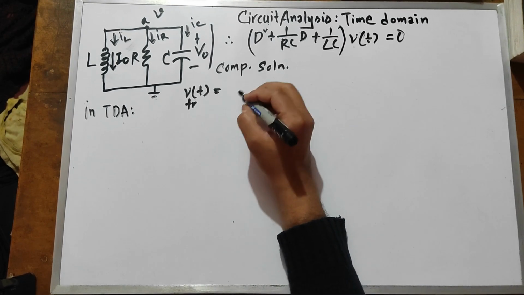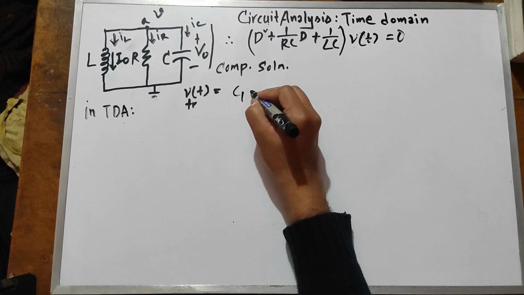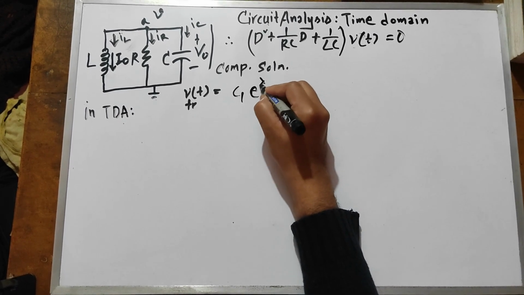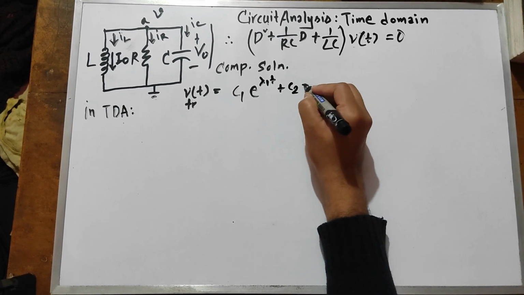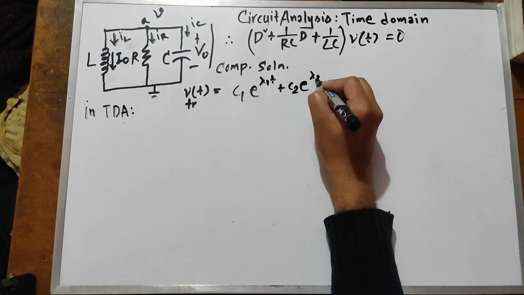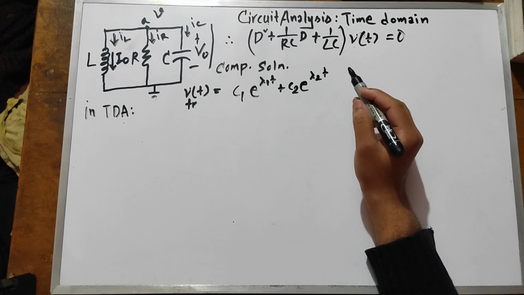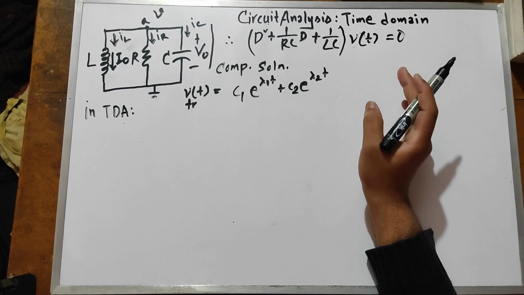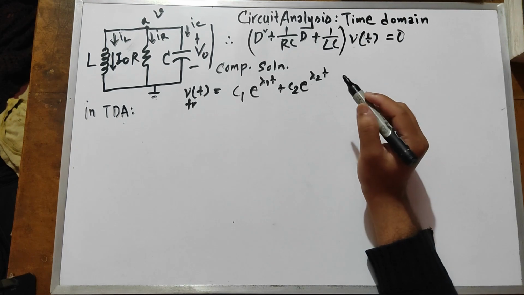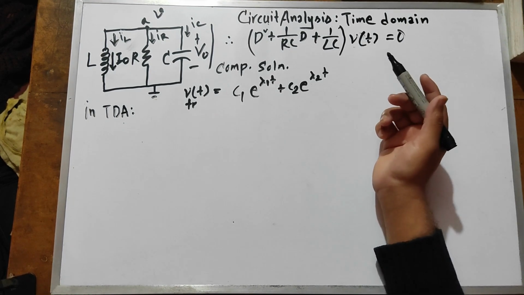So v_tr is C1 e to the power lambda 1 t plus C2 e to the power lambda 2 t. Lambda 1 and lambda 2 are eigenvalues. The roots of the characteristic equation are also called eigenvalues. So D1 and D2 can also be generated by lambda 1 and lambda 2.